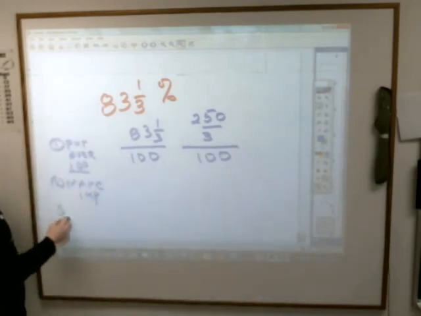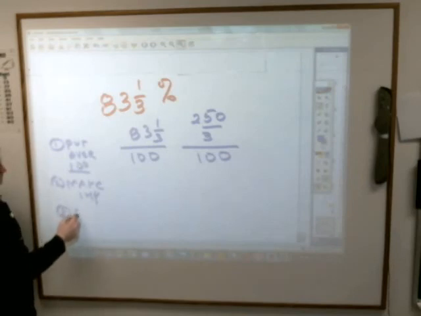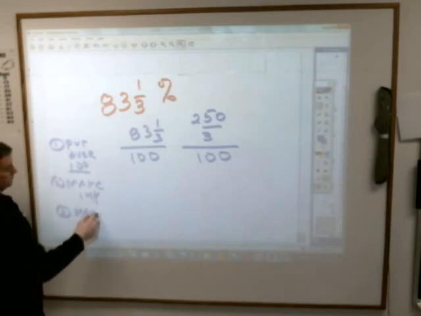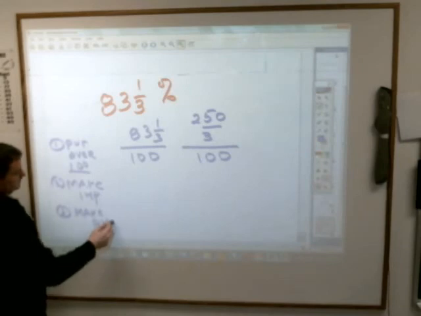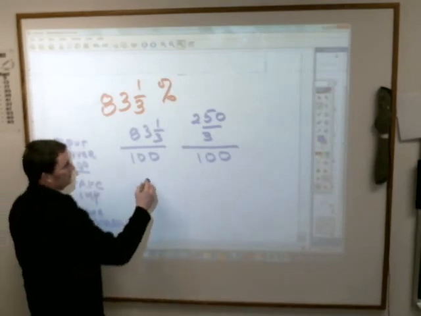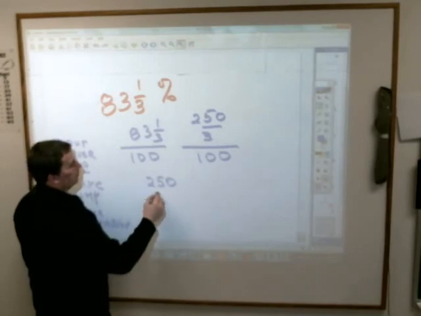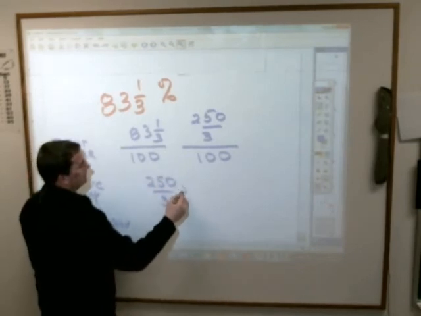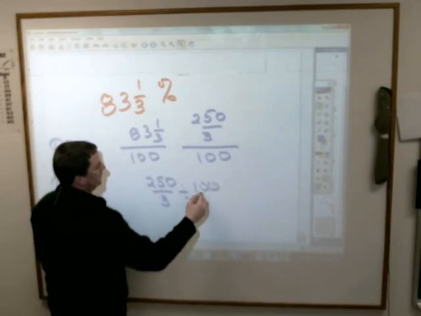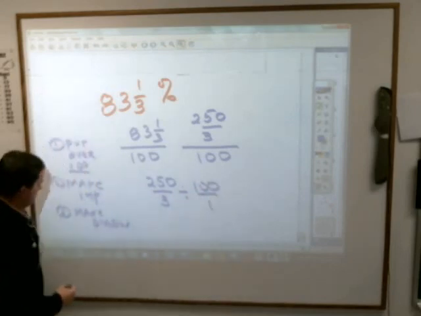Step 3, make it a division problem. Which means it is what? 250 over 3 divided by 100 over 1.